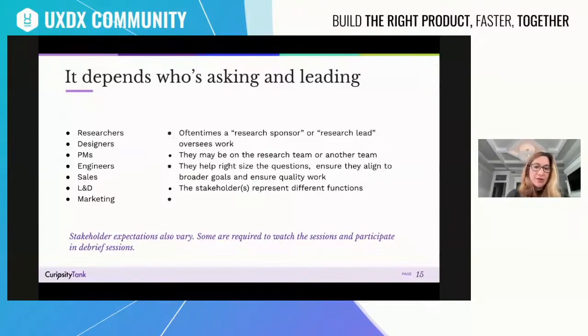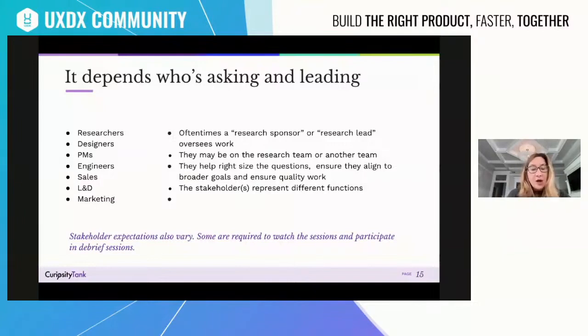Stakeholder expectations also vary widely. I know sometimes teams require a research sponsor or a research lead to oversee the work if it's not being run through the research program. There may be a research lead or a research sponsor to make sure that the questions are the right size and that they are appropriate for the rolling research program, that they align towards the broader goals, and they also help ensure quality work.